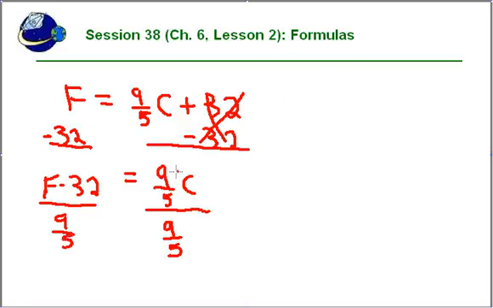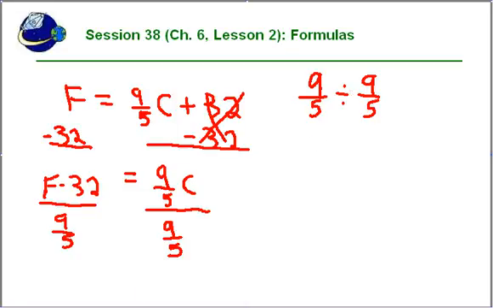If we have 9/5 times C divided by 9/5, so if I were to rewrite that up here as 9/5 divided by 9/5, well, first of all, we should know right off the bat that's 1, because any number divided by itself is 1. However, when you're dividing fractions and calculating it out, the method is that you take the fraction to the right of the division sign and you flip it, you invert it, and you keep the left side the same.